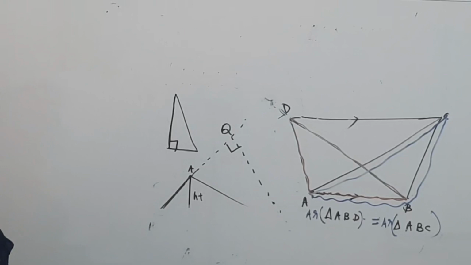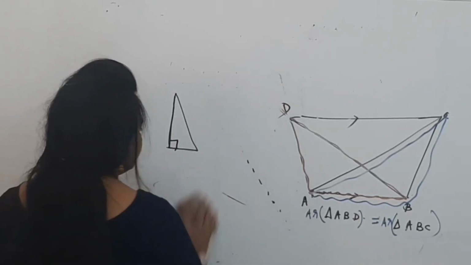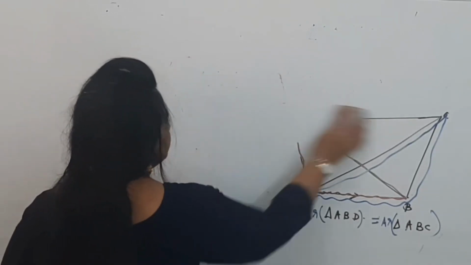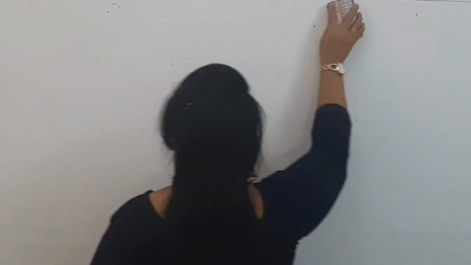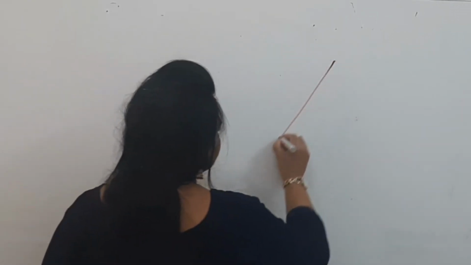The theorem says like this. That is Thales theorem, theorem 6.1. It says like this. I have a triangle.